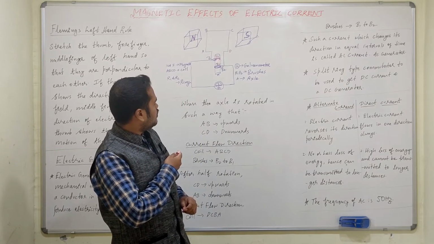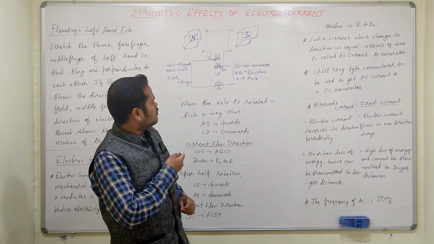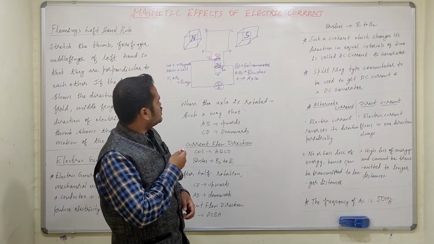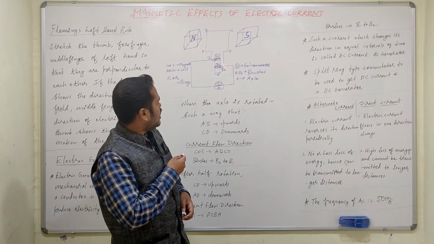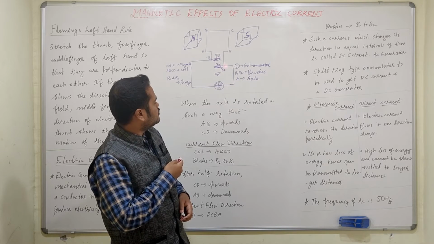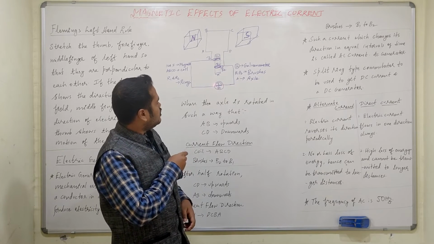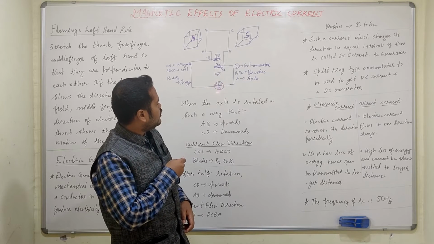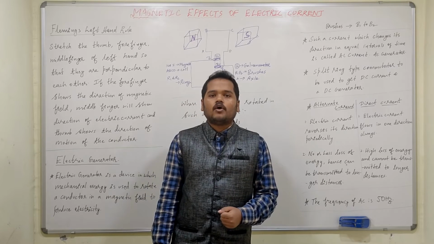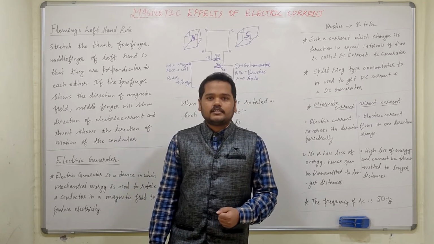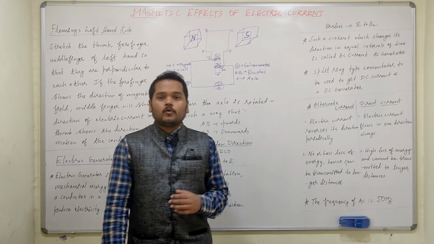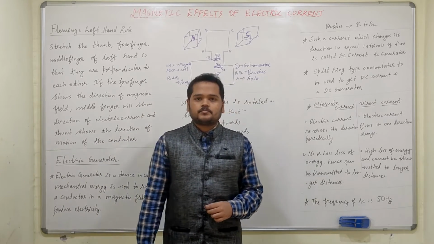These rings are attached to the axle, and we have brushes B1 and B2 attached to the rings. We also have a galvanometer G, which is used to show the presence or absence of electric current in a circuit. This is our setup. Now we'll go to the working of the electric generator.